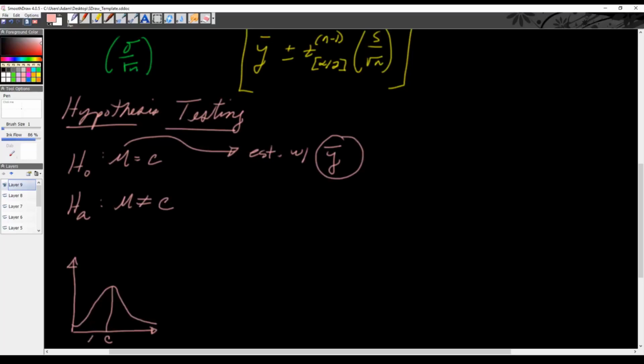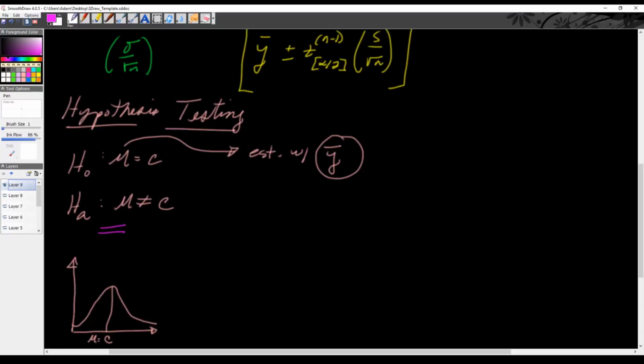I can grab a sample, solve for the sample statistic, and then compare the sample statistic to the assumed value. And of course, if my sample statistic is very, very large relative to c, then that's evidence against the null hypothesis. So I might reject the null hypothesis and make the assertion that mu is different than c.